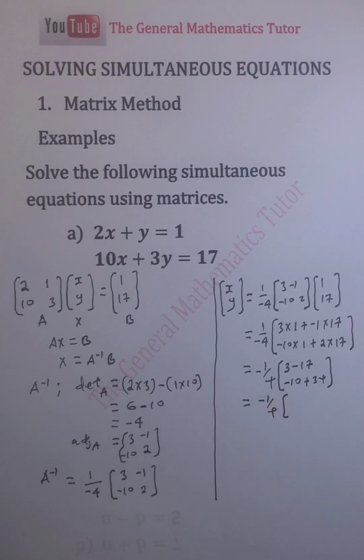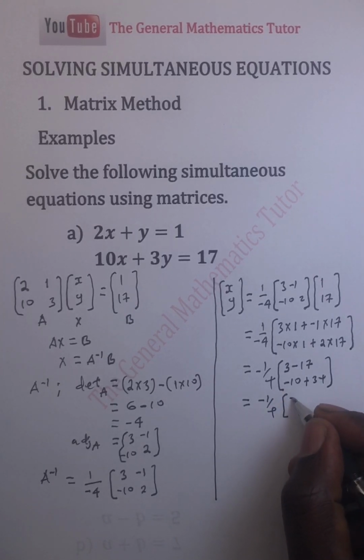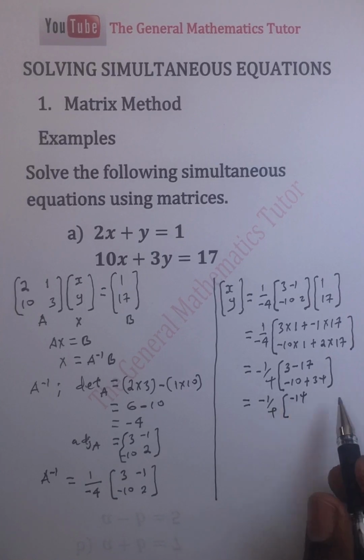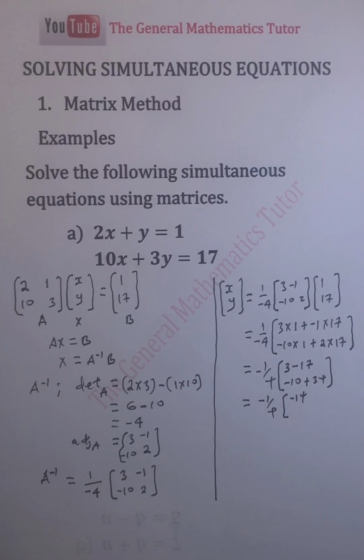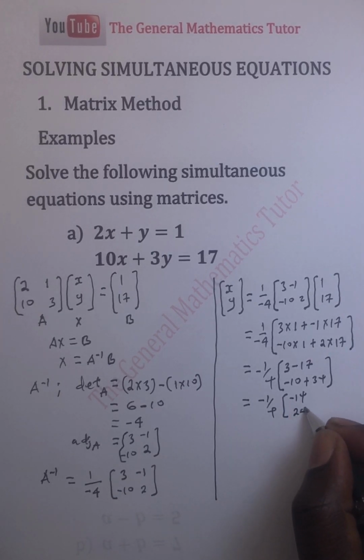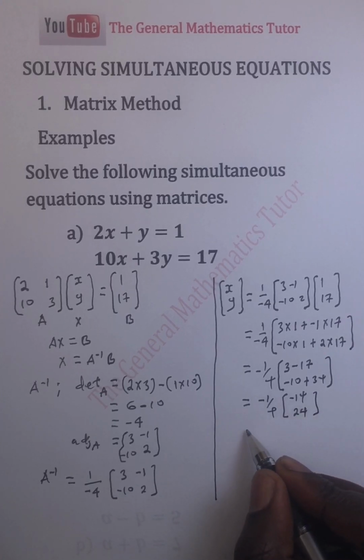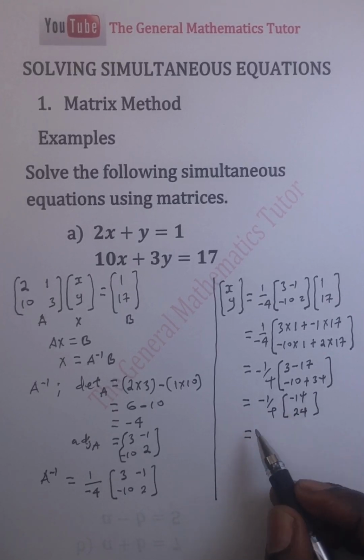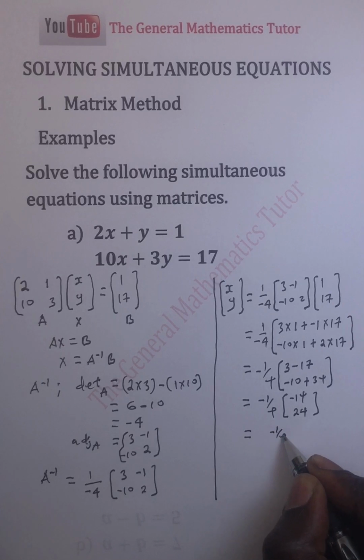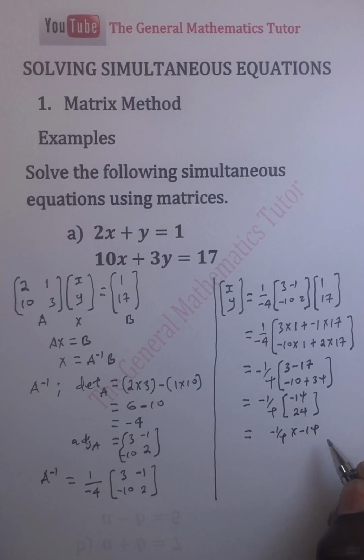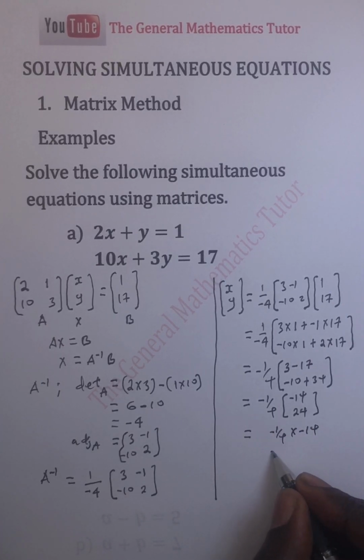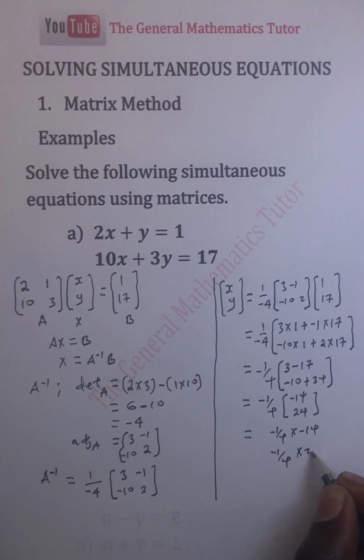This is the same as negative 14. And this is the same as positive 24. So that we can have this as negative 1 over 4 times negative 14, and the second one will be negative 1 over 4 times 24.